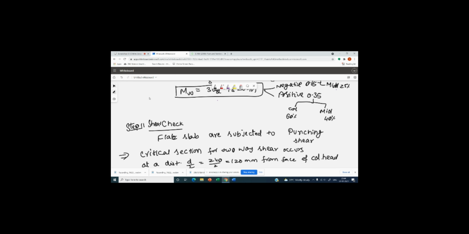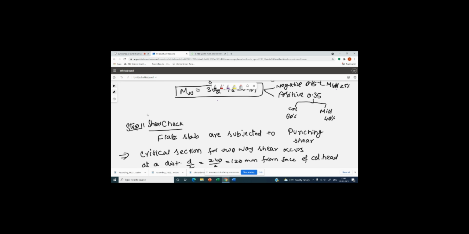Once you finish that, again 4 types of steel: area of steel in column strip and in middle strip to resist negative bending moment, and area of steel in column strip and in middle strip to resist the positive bending moment. So you get again a set of 4 steels across the shorter span.